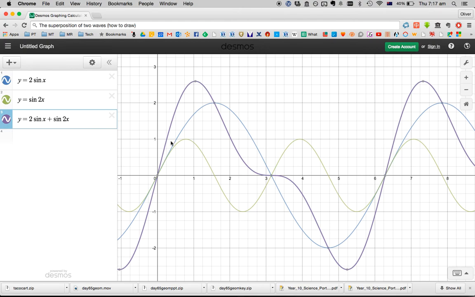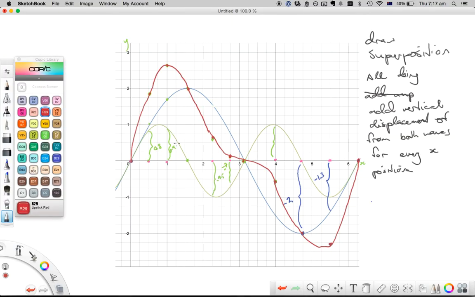What are the key points here? Well, if we come back to this diagram, when 0 plus 0 equals 0, if you draw this and your line does not go through this point, that displays a lack of understanding that the point here has to be 0 because we've got 0 and 0. Another key point is this point.